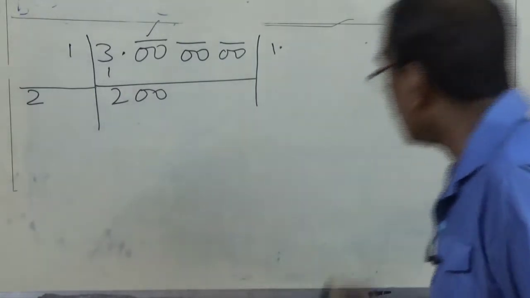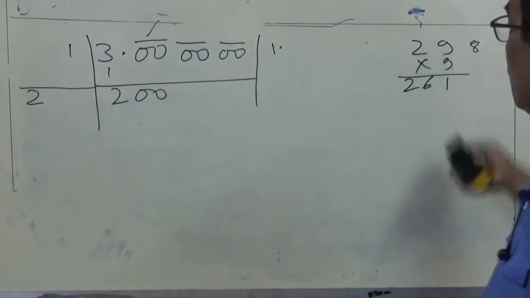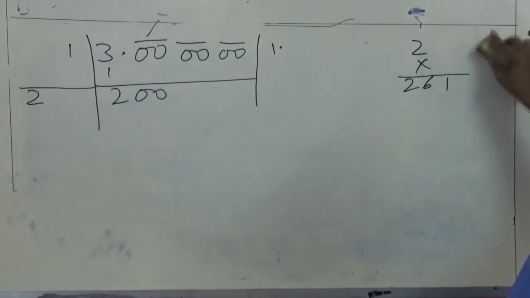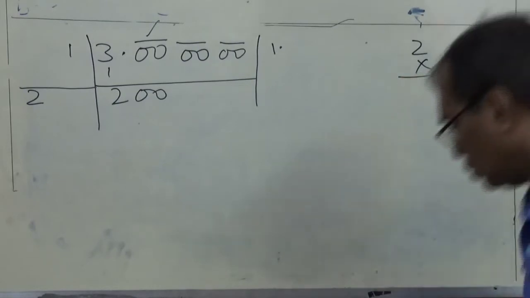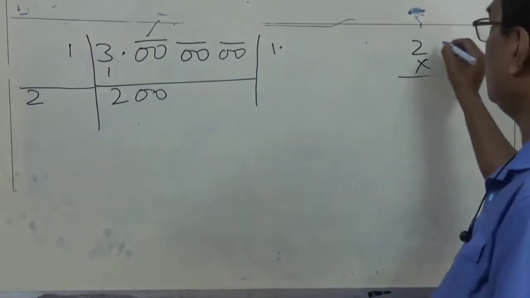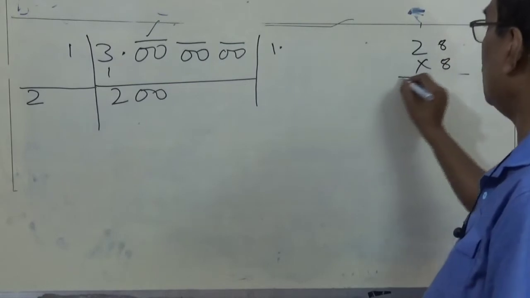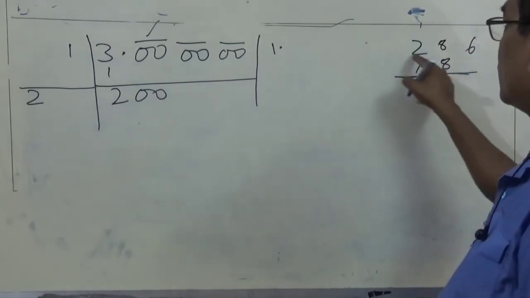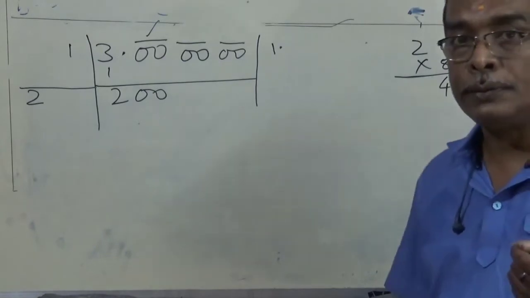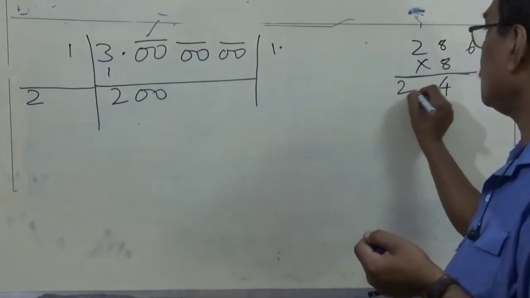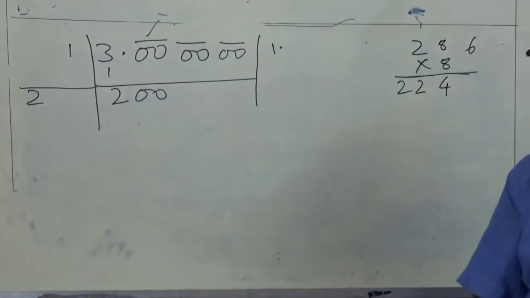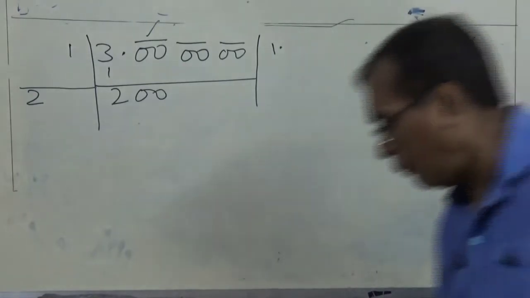So, in that case, in spite of 9, go for 8. Let us see what will happen. 8 8s are 64, carries 6, 8 2s are 16, 16 plus 6 is 22, which is again more than 200. So this 8 has also failed.